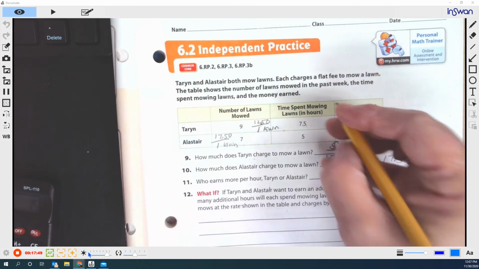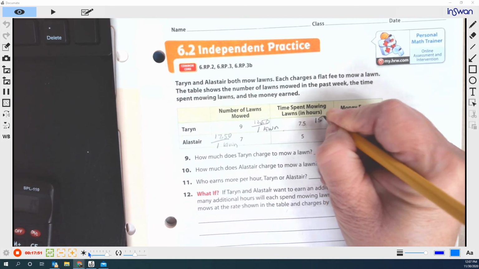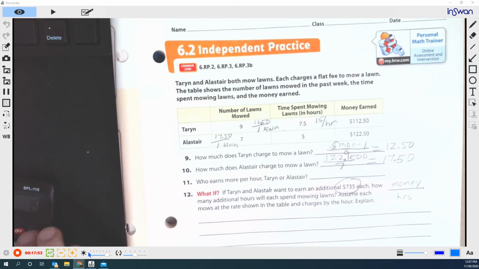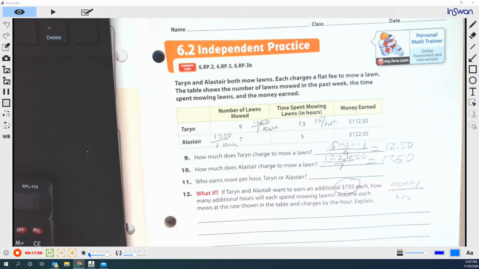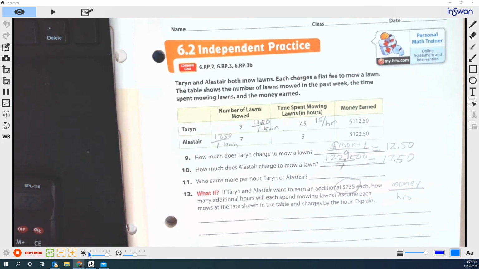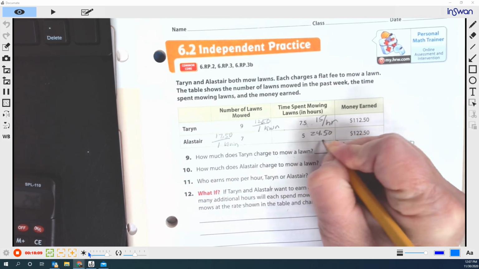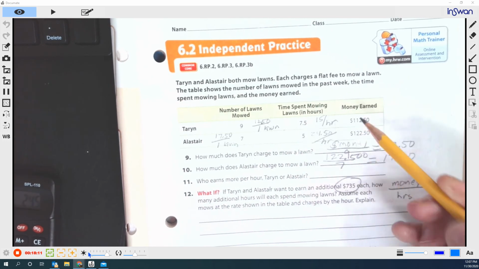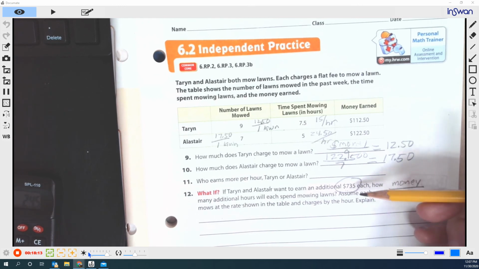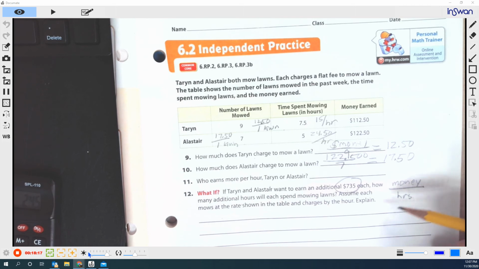So he makes $15 an hour, and clearly his friend makes way more: $122.50 divided by 5 hours. He makes $24.50 an hour. So you could take their hourly rates and divide into the $735 and find out how much each would be.